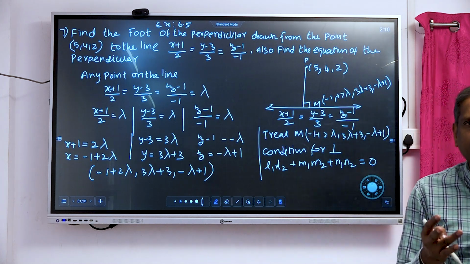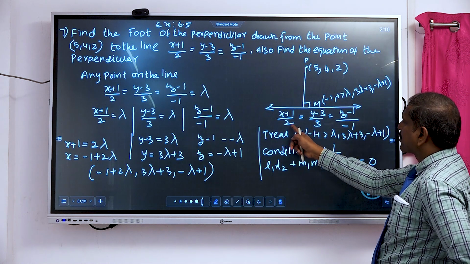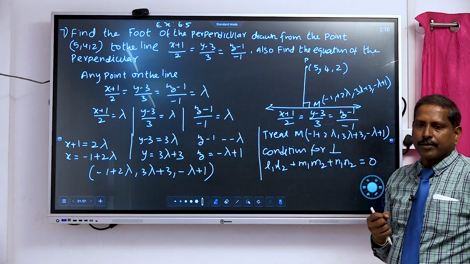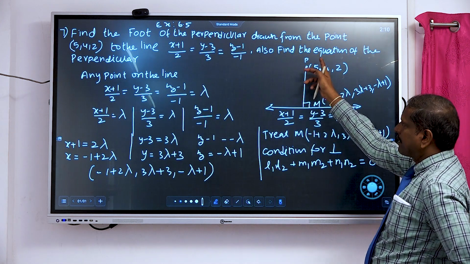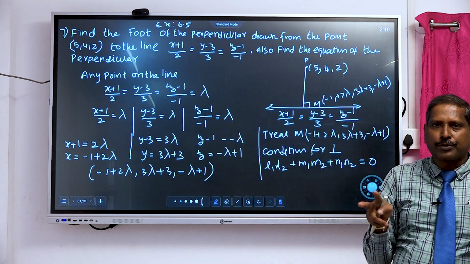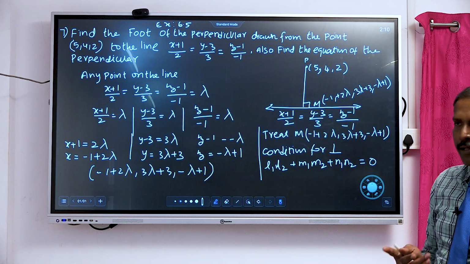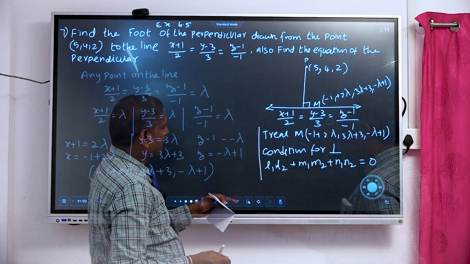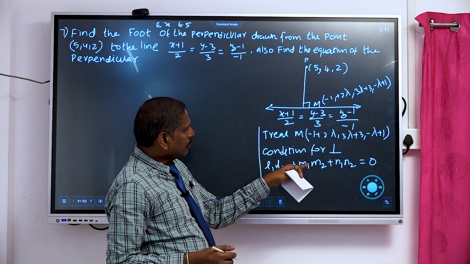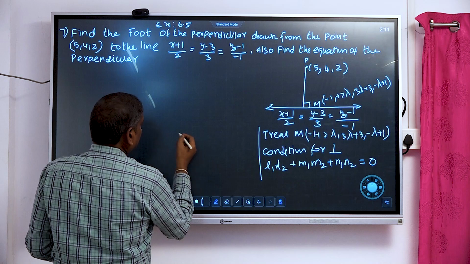Who is L1 M1 N1? One should know. L1 M1 N1 is the direction ratio of the straight line, and L2 M2 N2 is nothing but the direction ratio of the standing line. If you know both, you can get the value of lambda. Let us see how to substitute in this condition.